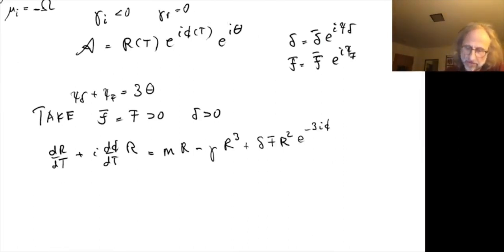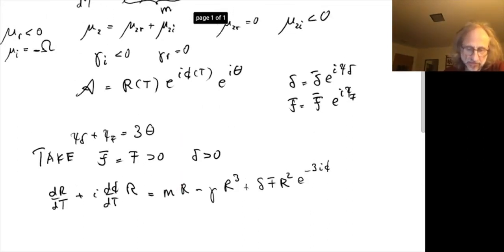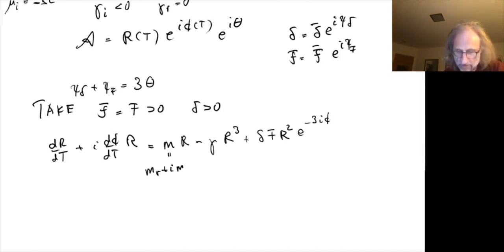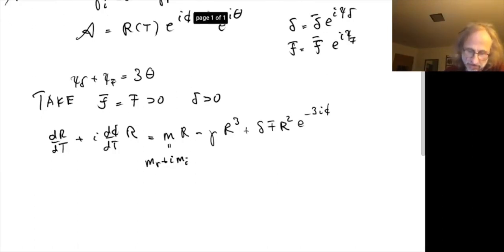And again, writing m in terms of a real part and an imaginary part, mr plus i mi. And then I can separate in real and imaginary part.